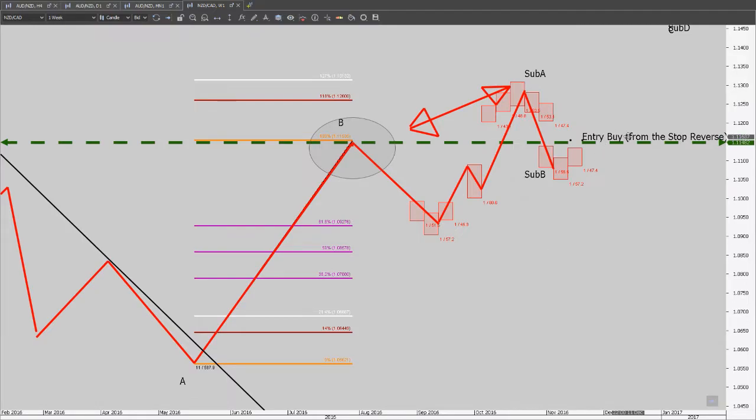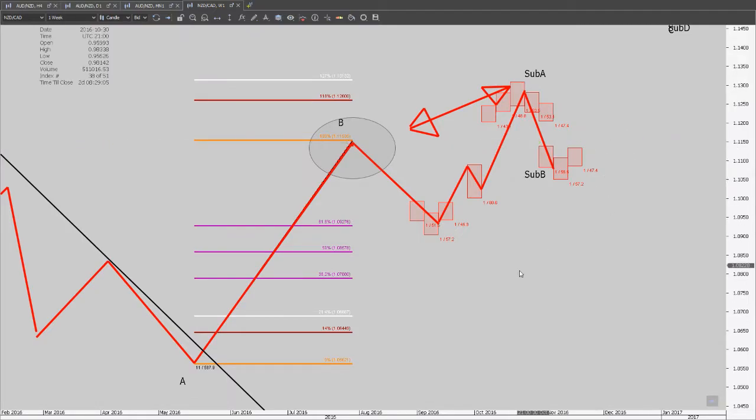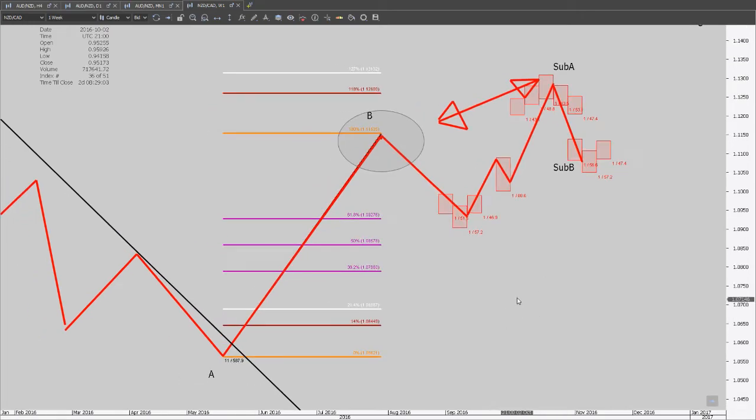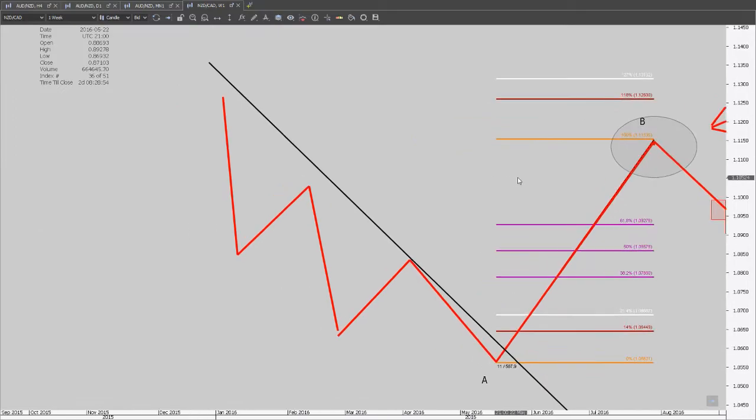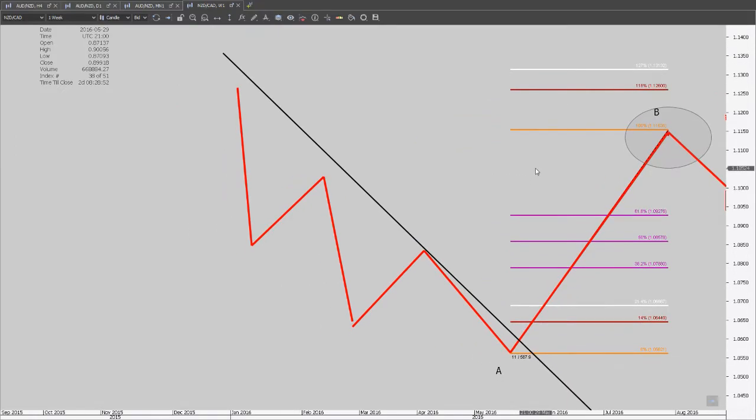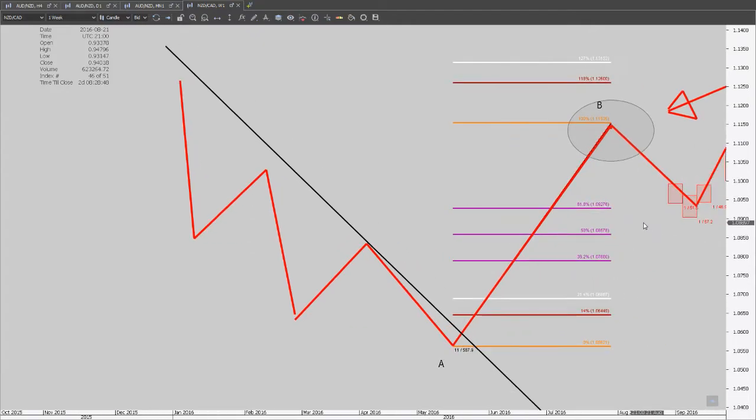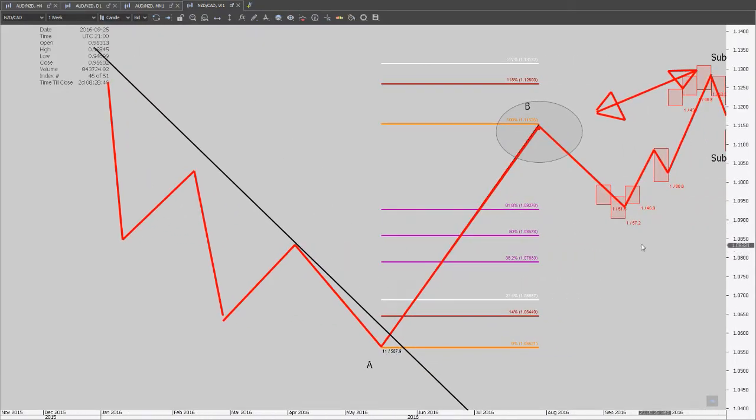Now forget about the entry. The point is not trading right now. The point is how to identify the contrarian Fibonacci. Okay, so in the beginning the contrarian Fibonacci was at the B, because this was the starting point of the retracement, and the market pushed up higher, right?